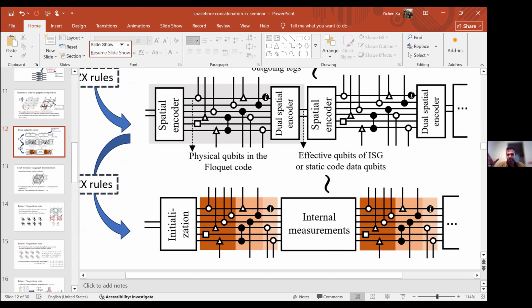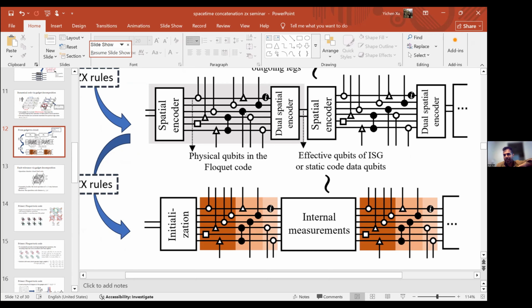Okay. You can think of it in terms of the stabilizers, if you want to think about how the logicals look. Your stabilizers are evolving, and in some cases you could imagine they might become non-local. So you might be interested in how the logical for this instantaneous stabilizer group looks.